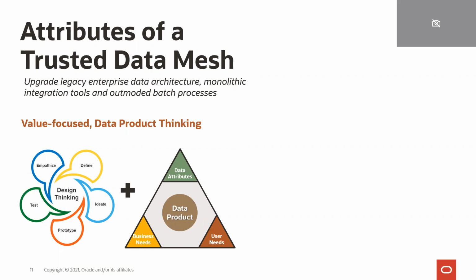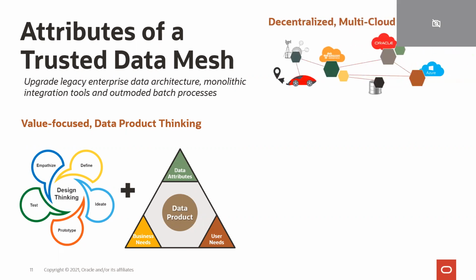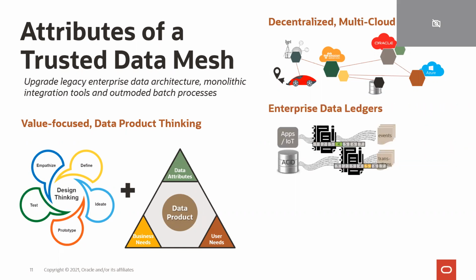In data product thinking, you want to treat data as a product and not a byproduct. There are several characteristics that come with a data mesh. One, it has to be decentralized, meaning that it has to conform to multiple cloud services and be able to deliver those services in those clouds. The second characteristic would be event ledgers.